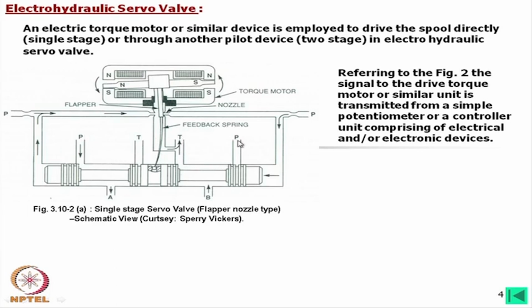Now, both of these are pressure supply and these two are the two ends of the actuator, and this is a secondary flow. And what is actually happening there, there are two nozzles. We have studied a little bit about the flapper nozzle also. In that case, due to this flow, there will be differential pressure.